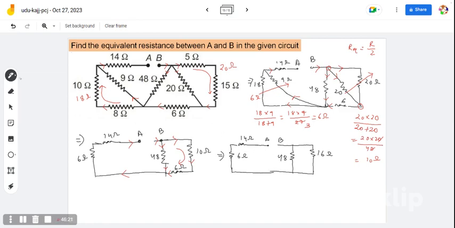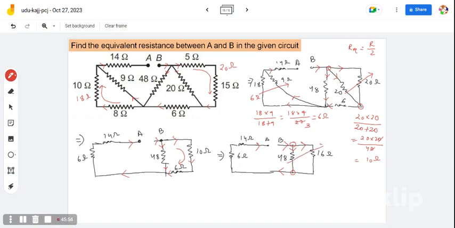Now we again do the current distribution. So what we get? Current over here is getting divided into two parts. It is dividing here, and these two currents are getting combined at this place, and the resultant current is going through this. So when we further reduce it, we see the current is being divided between these two points.